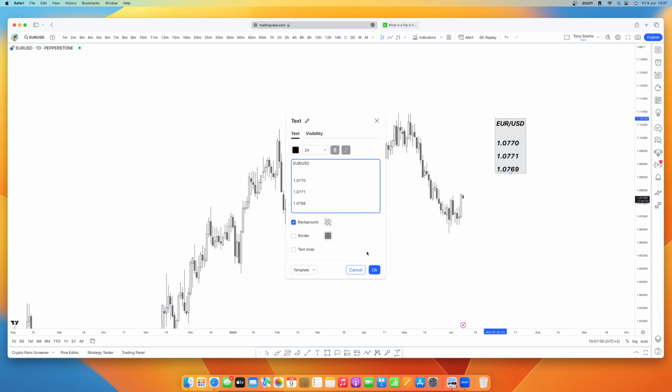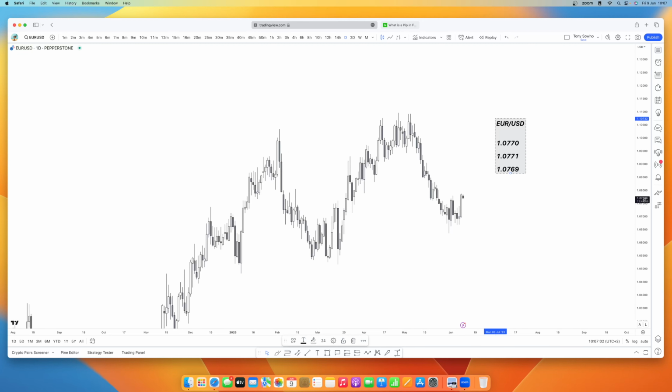So let's see it now. It's still at 0. Now, can you see it just got to 69? It has dropped by 1 pip. If it goes up to 1.0771, that's increased by 1 pip. If it goes down to 1.0769, it has reduced by 1 pip.